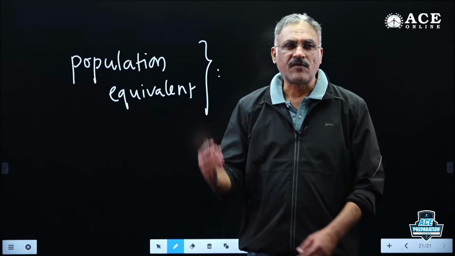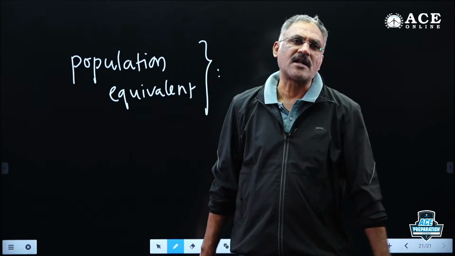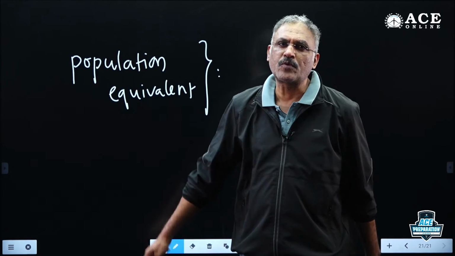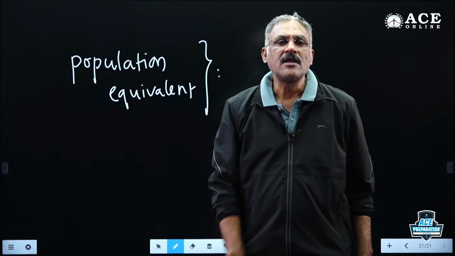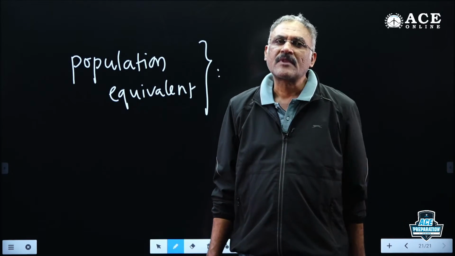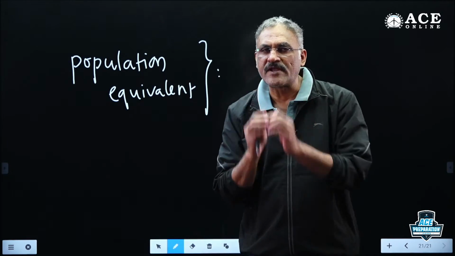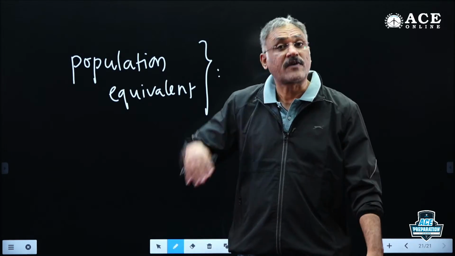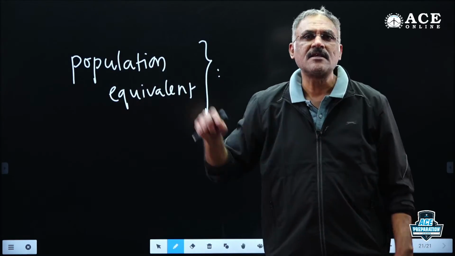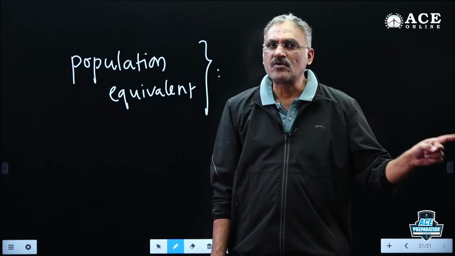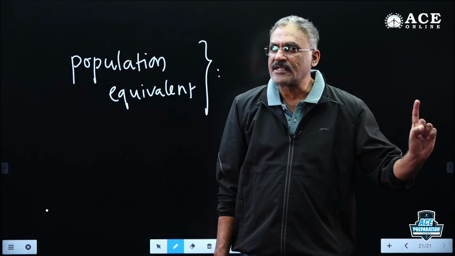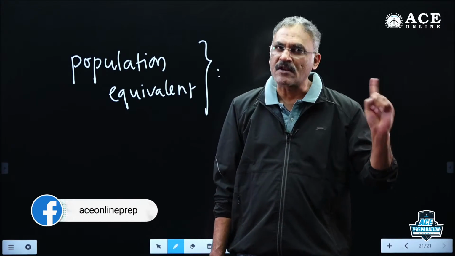In such a case, if you charge them on a volume basis, that's unfair to the person who produces a huge amount of waste with a little BOD, which can easily be treated. The person who produces less waste with very high BOD, which is difficult to treat, is charged less, and this fellow is charged more. That is unfair.